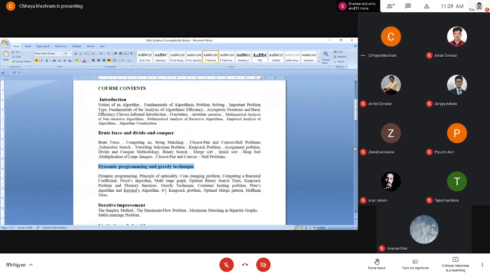Already you have studied this in data structures. Same thing here also: Prim's algorithm and Kruskal's algorithm come under the greedy technique. Along with this, we have to study the knapsack problem and the Huffman tree.